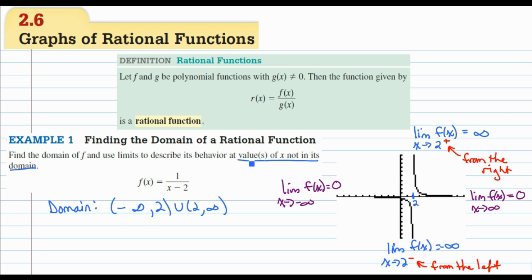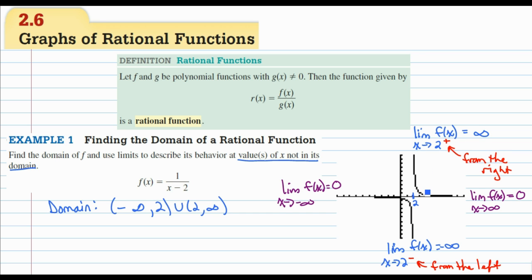Now notice, I had a vertical asymptote here at x equals 2. Look at what my x values approached at both ends of that asymptote. X approached 2 from the right, x approached 2 from the left, and one end went up to positive infinity, one end went down to negative infinity.